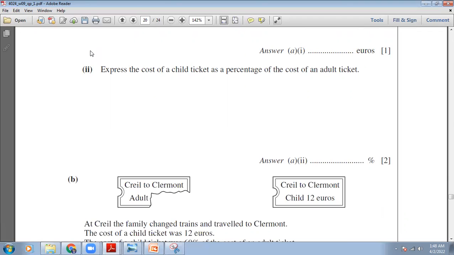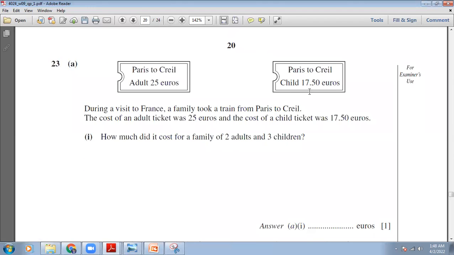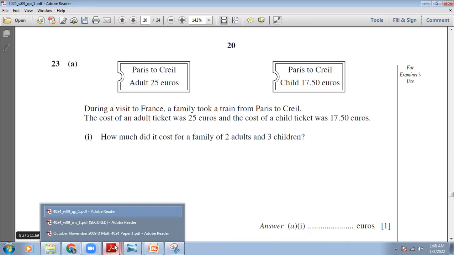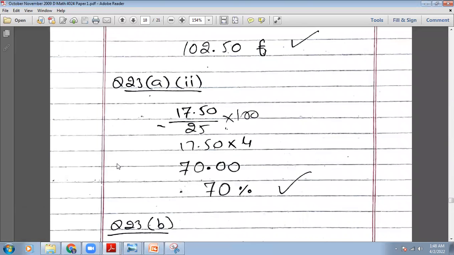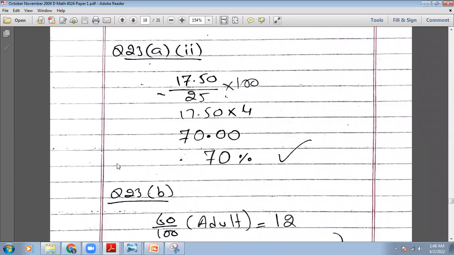Express the cost of a child ticket as a percentage of the cost of an adult ticket. The cost of the child ticket is 17.50 divided by 25, multiplied by 100. This is question number 23.